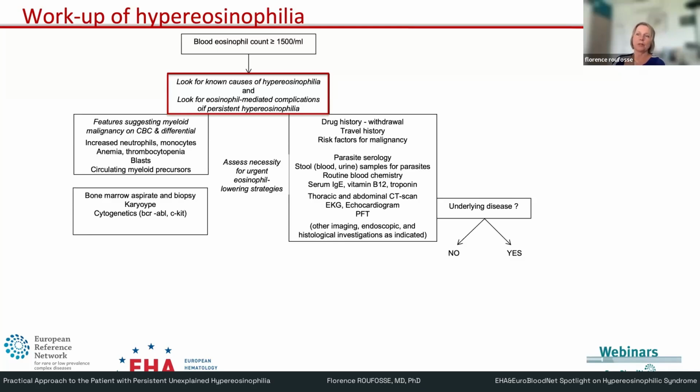Obviously, if you see circulating precursors or even blasts, these are all anomalies which are going to make you send the patient to a hematologist to perform the appropriate cytogenetic analyses, bone marrow aspirates and biopsies, and karyotyping studies to be able to treat that hematological neoplasm as best as possible.